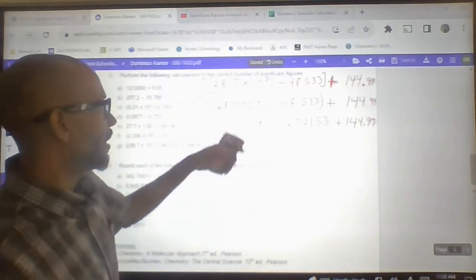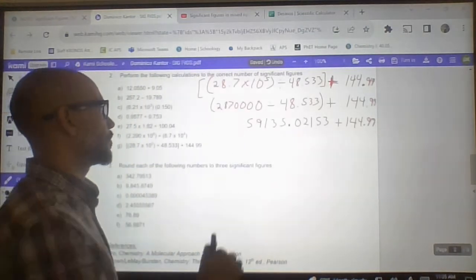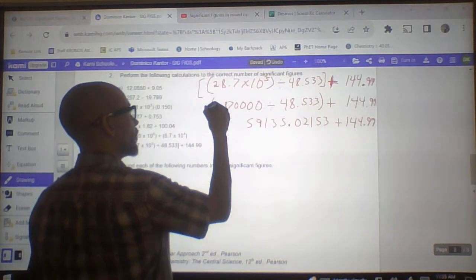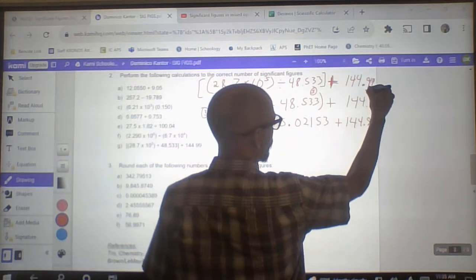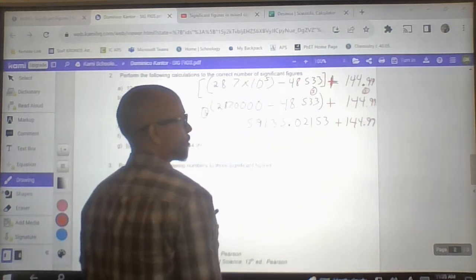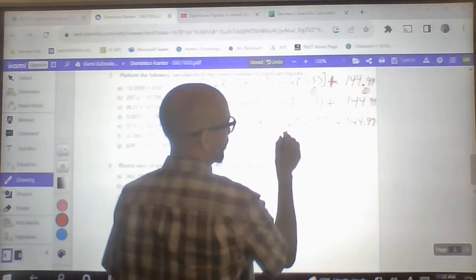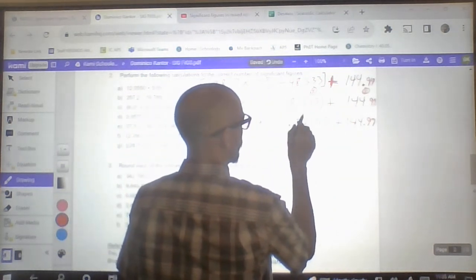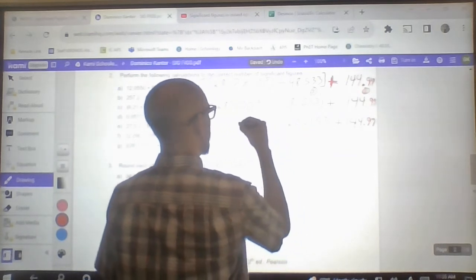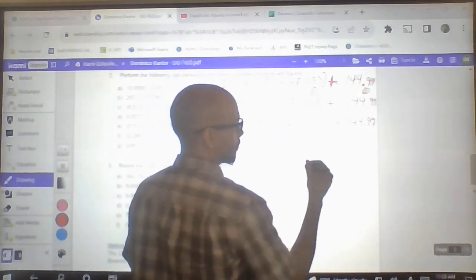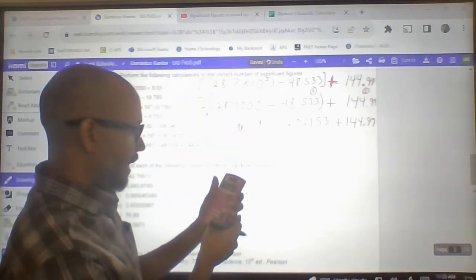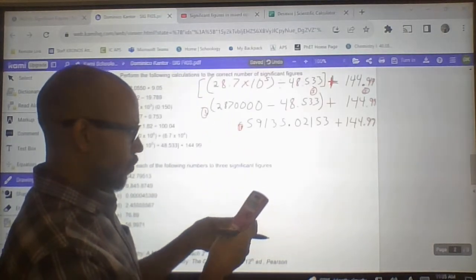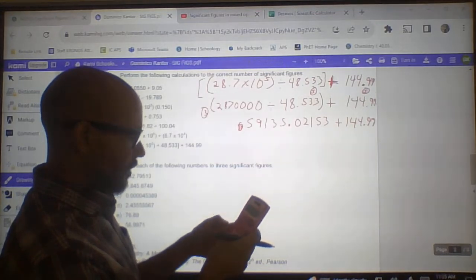I am noting my significant figures as we go, although I'm not using them yet. So this would have been 3, 5, 5. Here we have 5 with an interior 0, so this would be 10. That's still 5. So we're going to take that value and add it to 144.99.